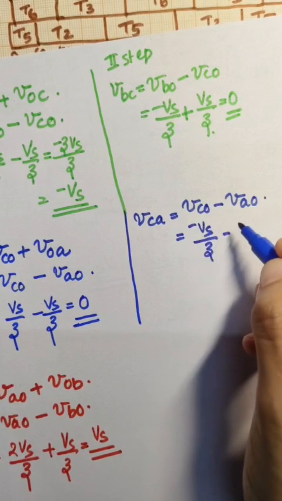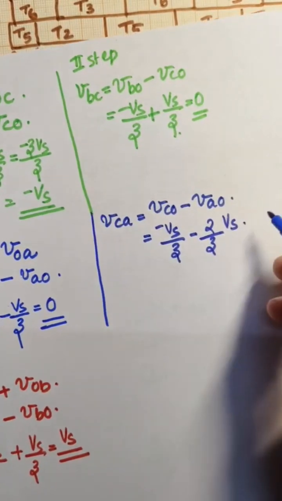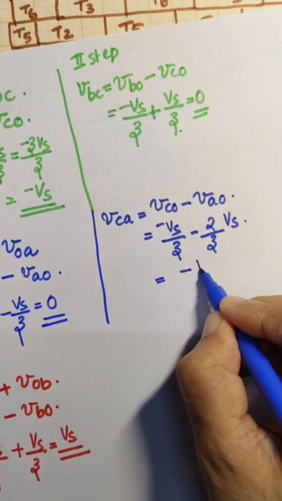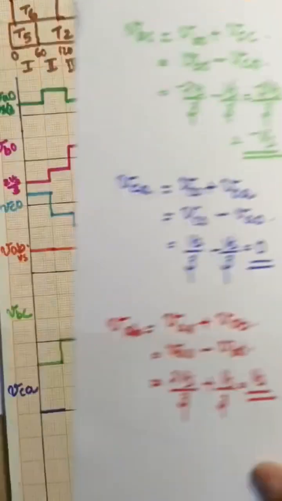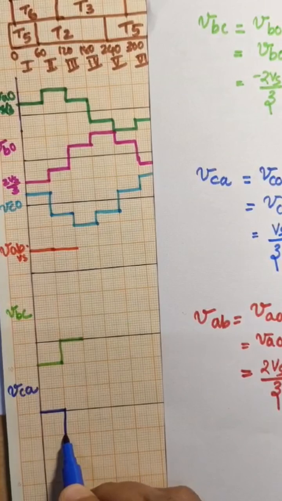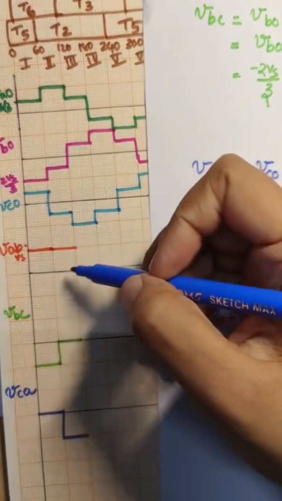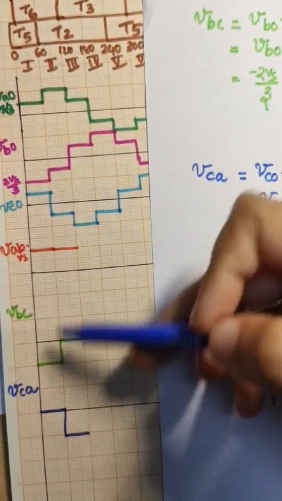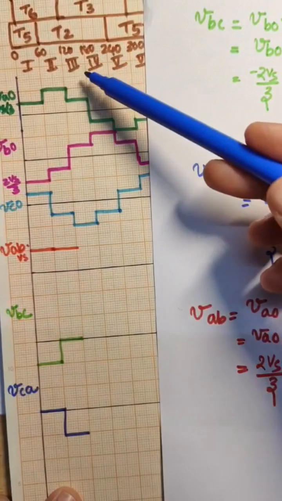And VAO, from the calculation, is 2 by 3 Vs, so the result is minus Vs. VCA is equal to minus Vs. So for VCA, we need to draw the step at minus Vs. So we obtained the second step of voltages for the 3 line to line voltages. Okay. Then next is the third step.